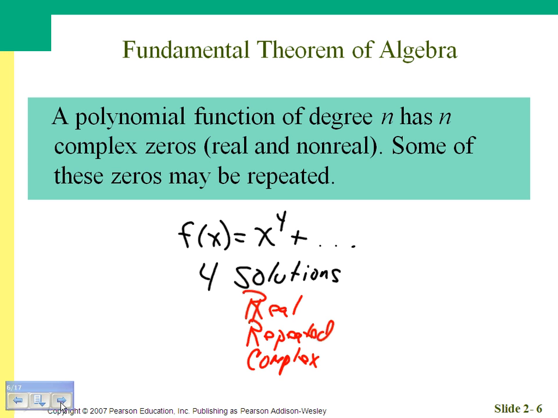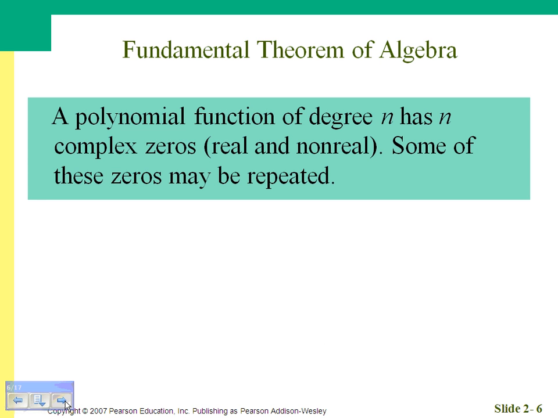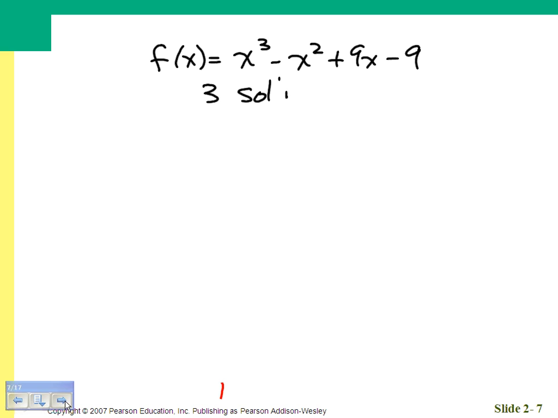Let's do an example so you can see what I'm talking about. If I give you the function f of x equals x cubed minus x squared plus 9x minus 9, I'm claiming that this has 3 solutions. I just don't know how many of them are real and how many of them are complex. We can go through the same steps we went through in our problem today. I can use the rational roots theorem.